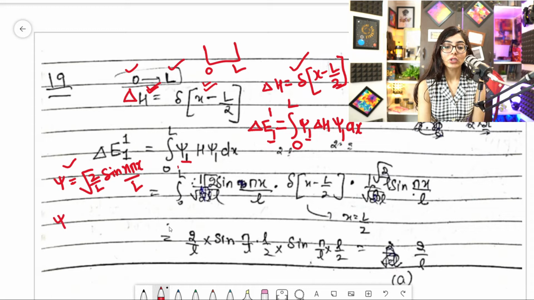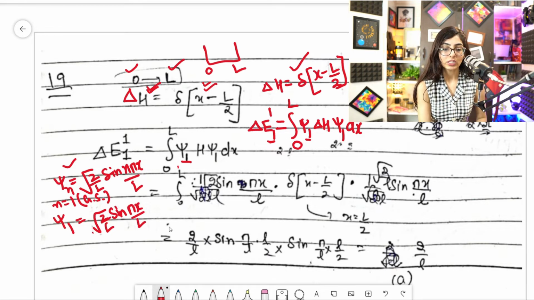With n equal to 1, which is the ground state given in the question, psi 1 will be root 2 by L sine of pi x by L. So I have put this value for psi 1 here.